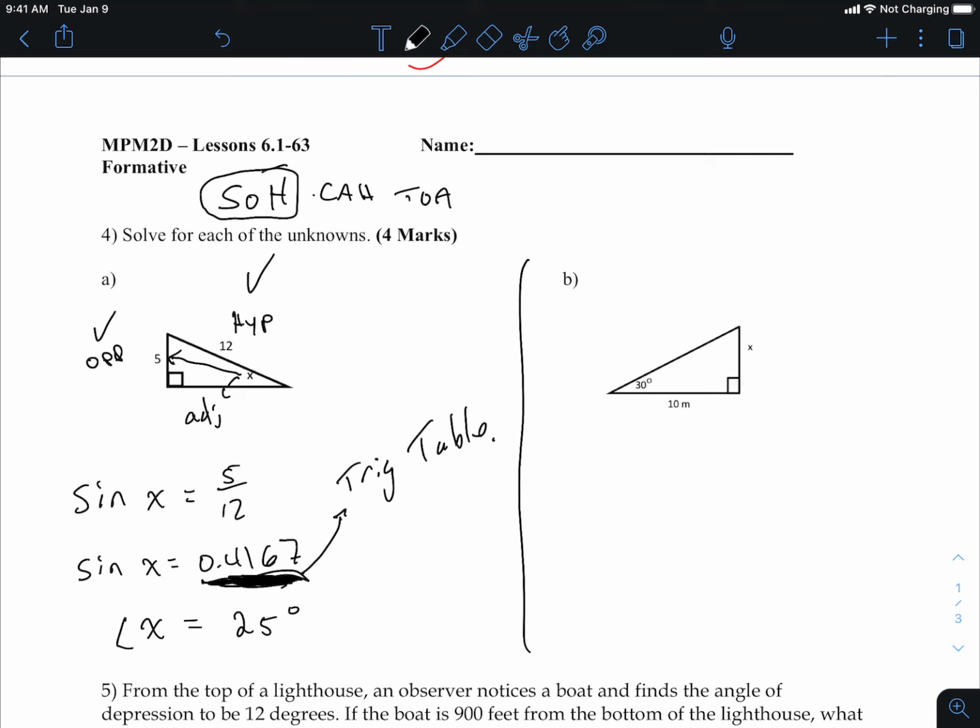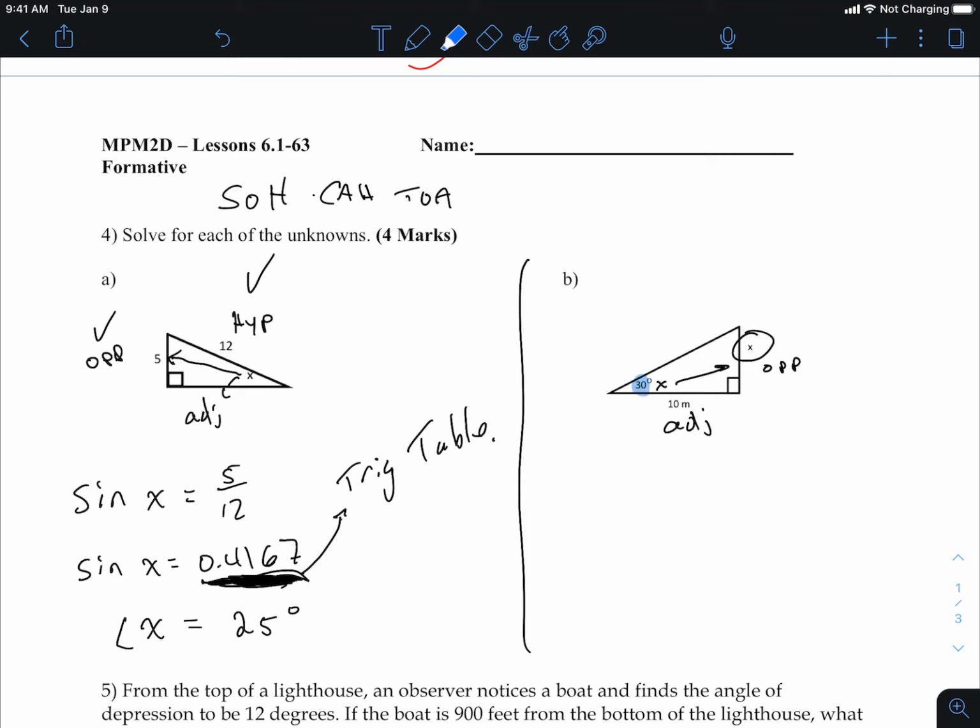This time, I'm looking for side length X, right? I'm standing at the angle. I'm going to look across. Side length X is opposite, and this is adjacent. So what am I going to pick? From SOHCAHTOA, I have the angle, so that doesn't help me.